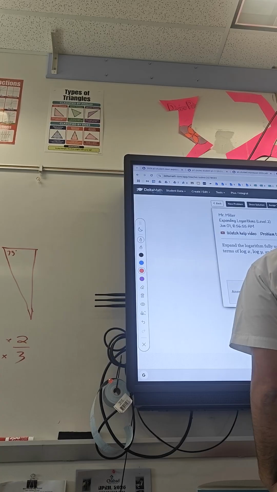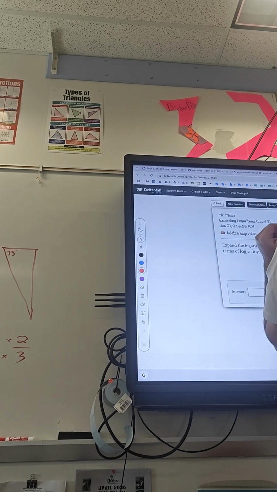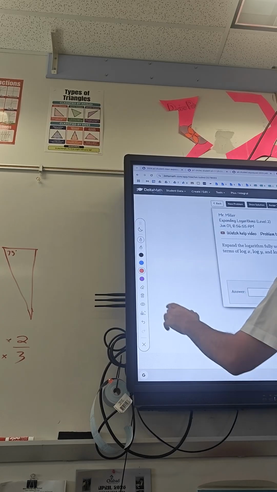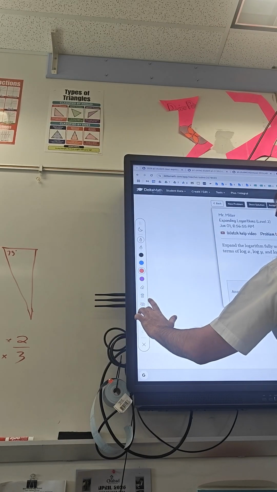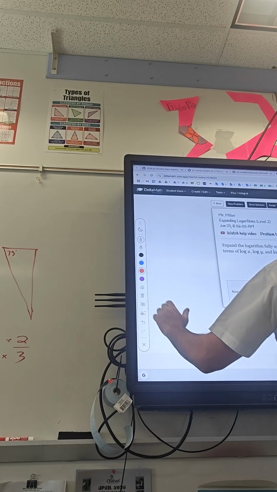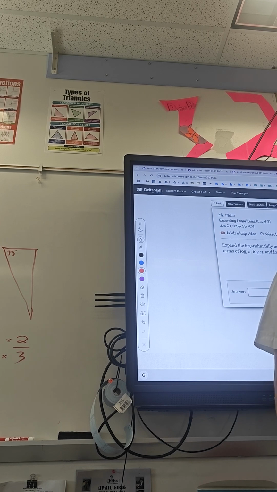we're going to split this out. So this is a minus problem, a subtraction problem. So it's log of the 3rd root of z to the 4th minus log of x to the 3rd y.